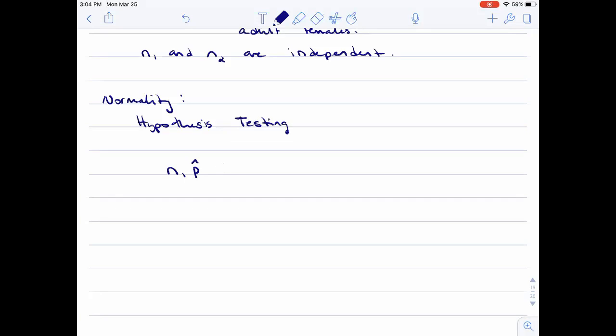I'll do my calculation, but we need the pooled p hat, which is x1 plus x2 over n1 plus n2.